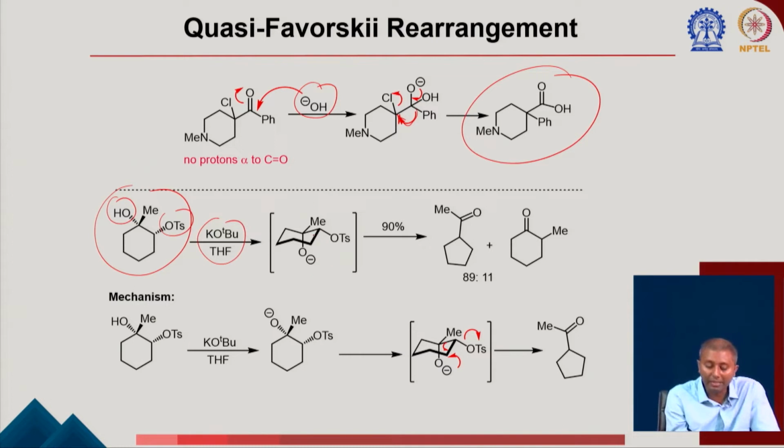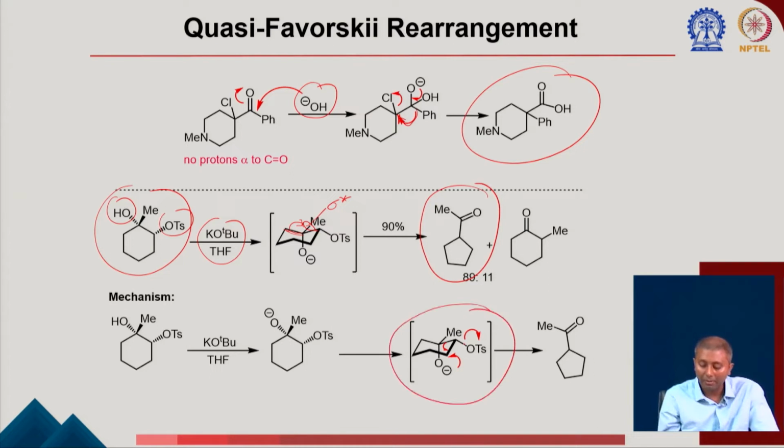Once it forms O minus, this sigma bond is aligned anti-periplanar. So this sigma star is going to get electron density from this sigma, and this is anti-periplanar to this bond, so that will allow this bond to migrate from this carbon to this carbon, and this is going to form this product as the major product, which you can see here in the mechanism.